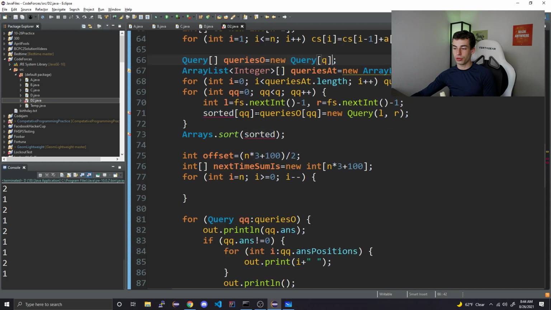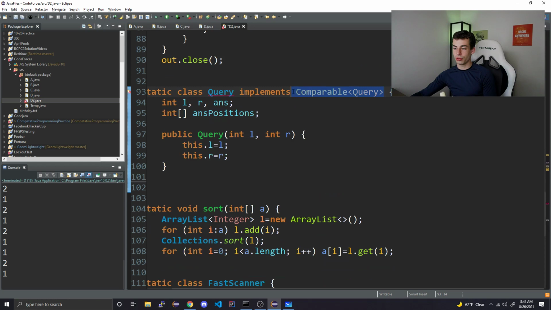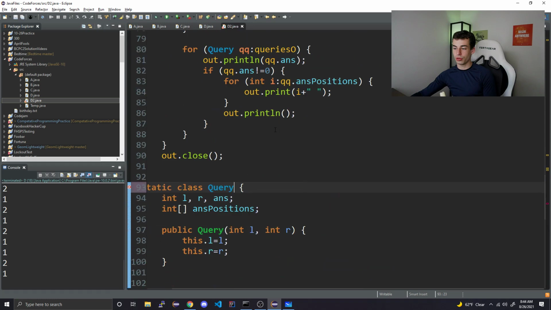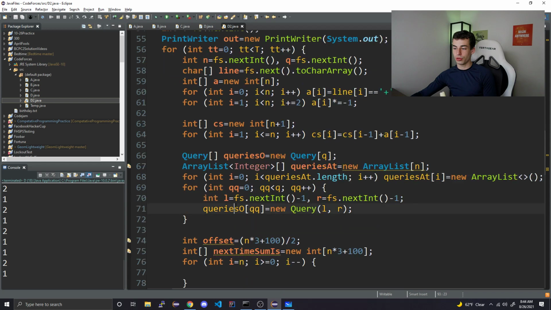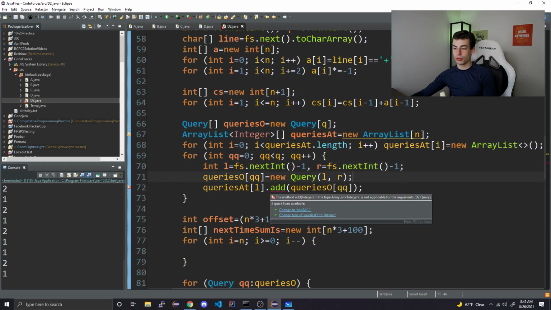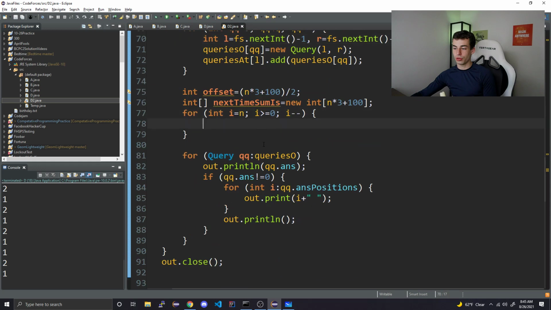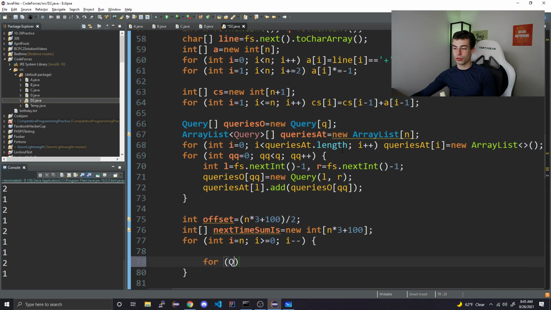We don't need sorted, we don't need this. All right, so then we'll say queries at L add queries o at qq. What's wrong with this? Oh, this is Query. Right. Okay, so then for Query qq in queries at i, let's rename this to L.